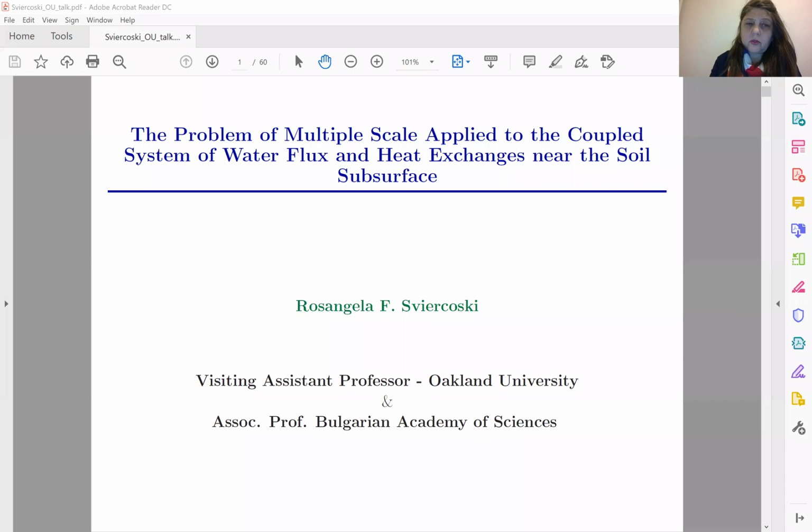I want to share with you what I've been doing. So here is regards the problem of multiscale applied to the coupled system of water and heat exchanges near the soil surface or subsurface.